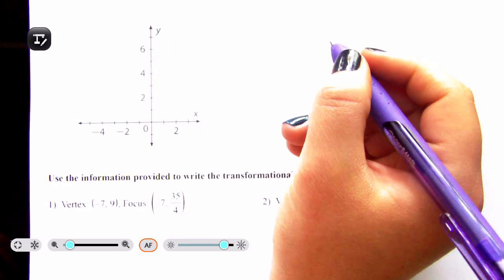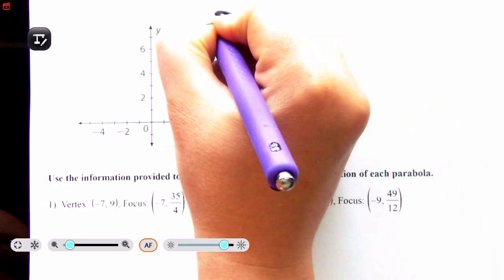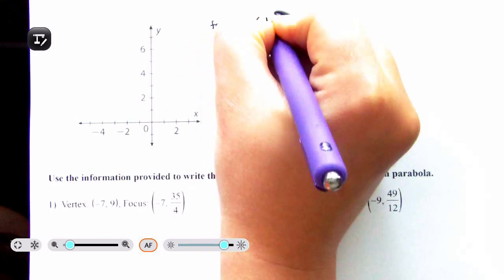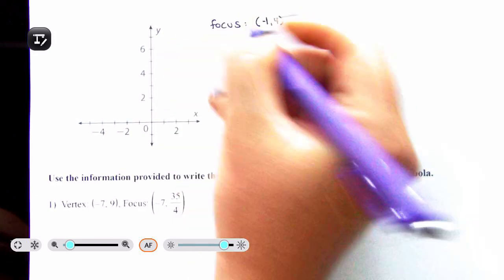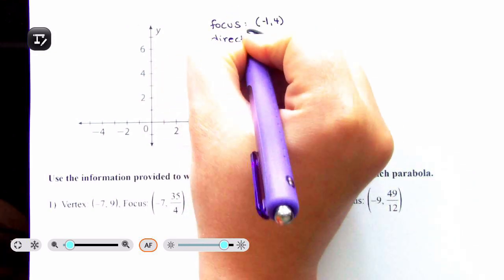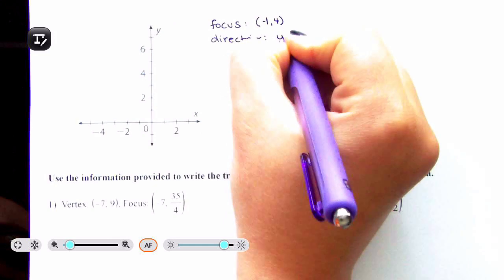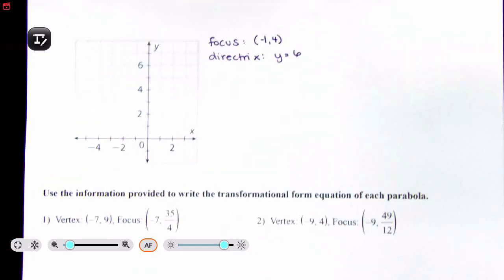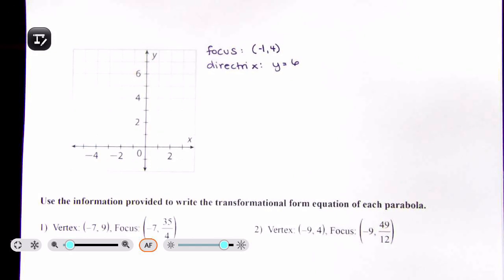So you have your focus at (-1, 4). You have your directrix at y equals 6. As of right now, they do not tell you what your vertex is.